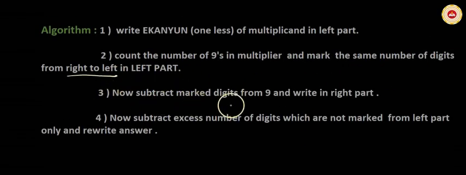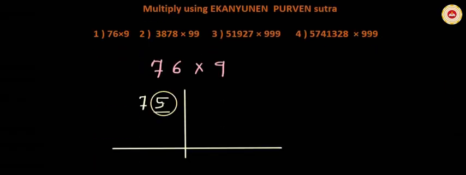Now, what is the third step? Subtract the marked digit from 9 and write in the right part. So we have marked this one right-sided digit. Let us subtract this digit 5 from 9. 9 minus 5, 4.